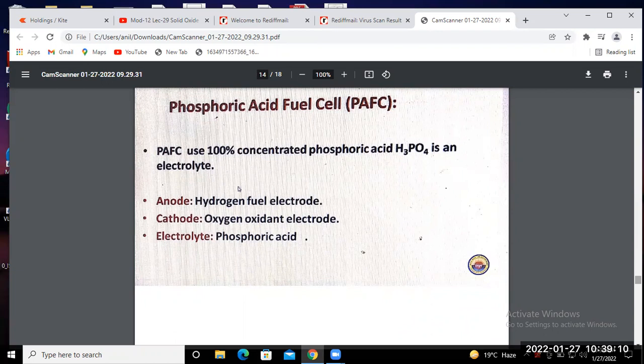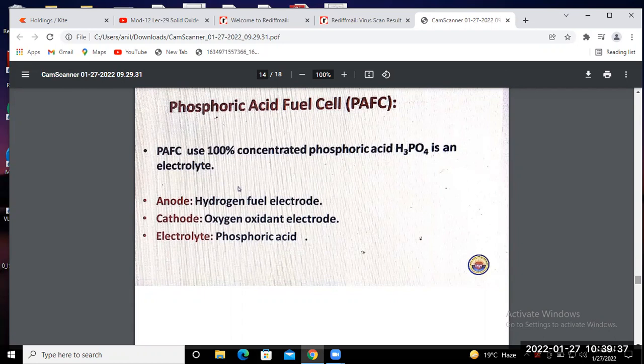At the anode, we have the hydrogen fuel electrode, and at the cathode, we use the oxygen oxidant electrode. So the electrolyte is different compared to the alkaline fuel cell, where we use hydroxide, that means the OH minus ion.